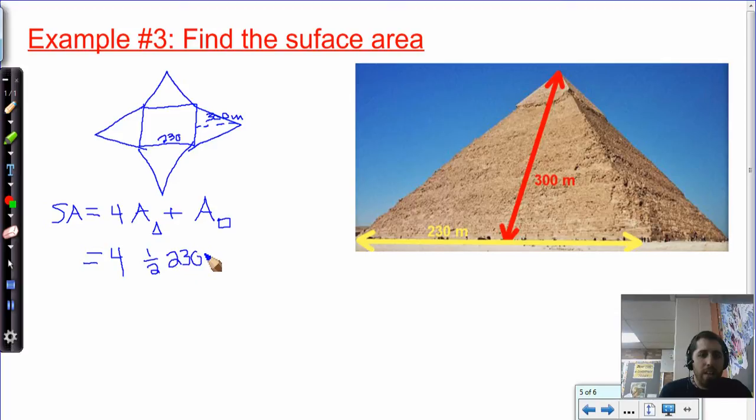The height was 300 meters. I'm writing really sloppily. And we need to add the area of the square. So what's the square? It's just going to be 230 times 230, or 230 squared. Isn't that funny? 230 meters squared.